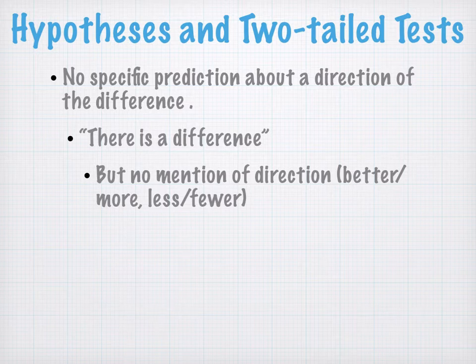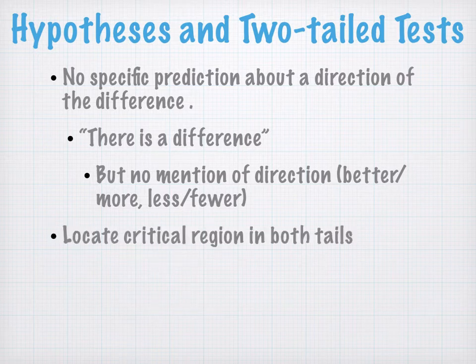We're not looking at the top, we're not looking at the bottom, we're just looking for extreme scores as a whole. And so then the critical region that you're going to look at, you're going to look in the two-tailed test column, and you're going to look in the critical region for both tails. So then your cutoff score will be plus or minus whatever the value is, rather than looking only in the positive side or only in the negative side.